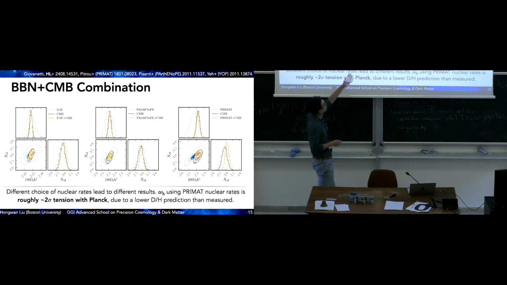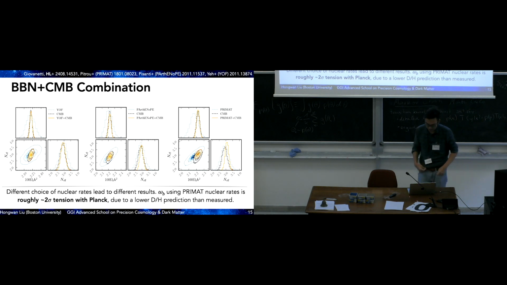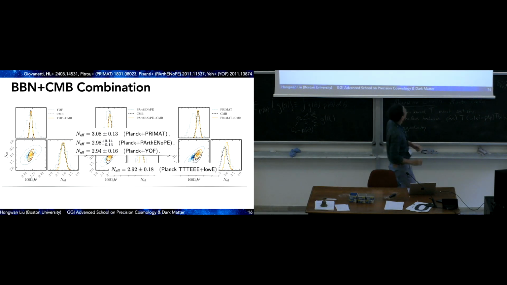But it's nice that you can actually combine them, and you get a little bit of a tightening of the error bars when you combine all the information, especially in the Fremont case. So these are the results that you get just for N-effective, and you get some shrinking of the posterior.